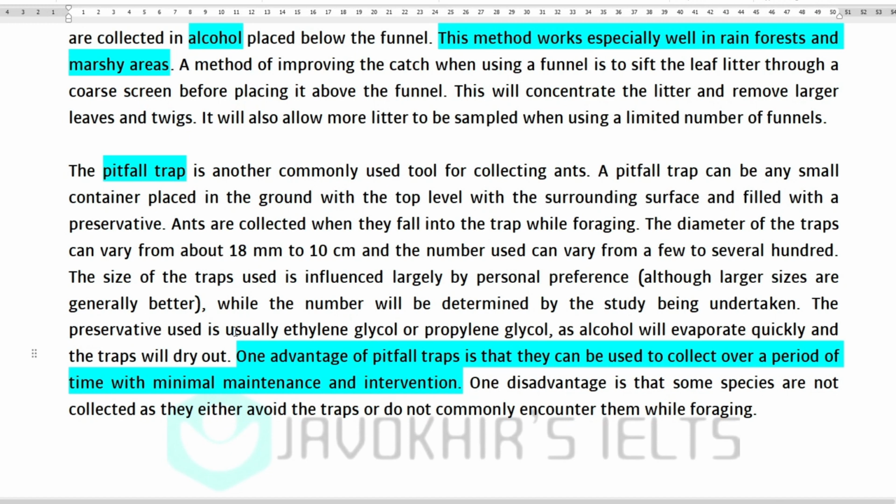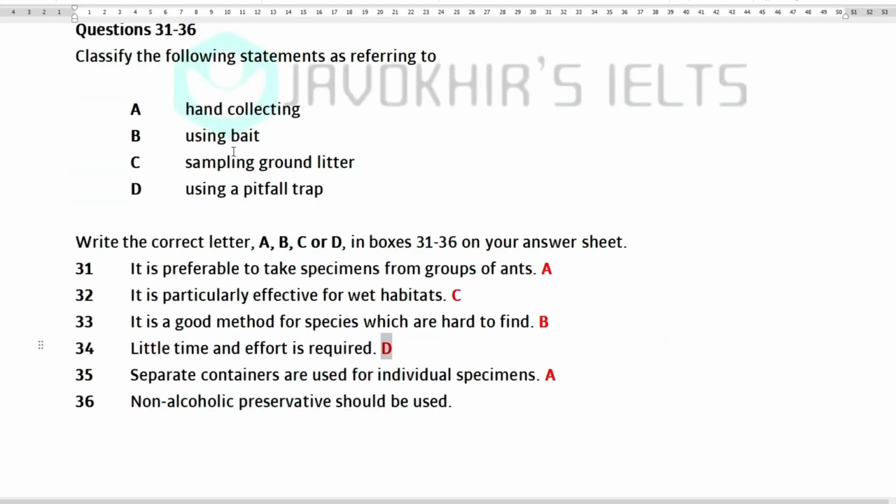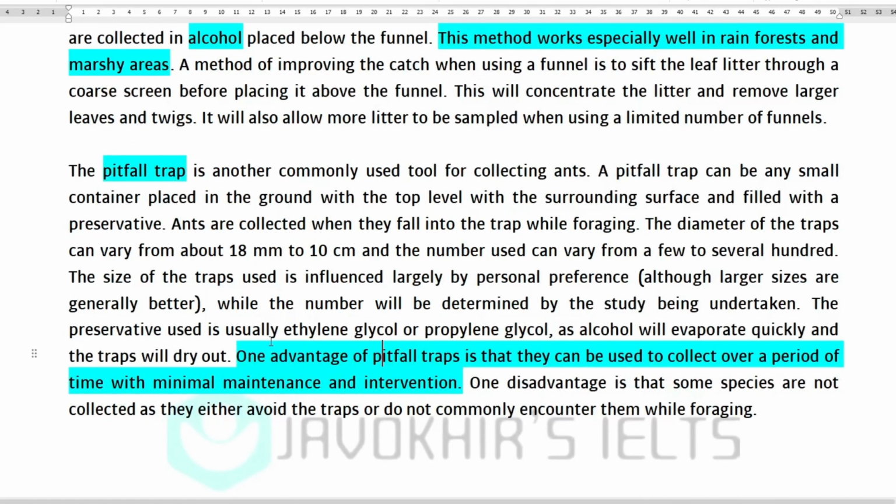The preservative used is usually ethylene glycol or propylene glycol, as alcohol will evaporate quickly and the traps will dry out.